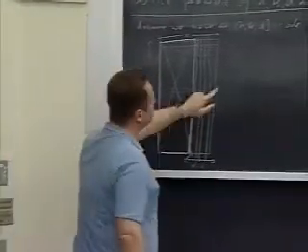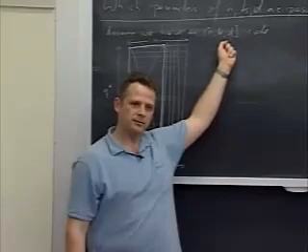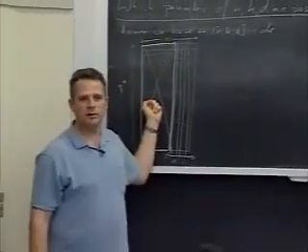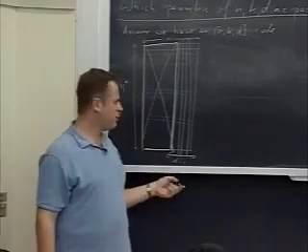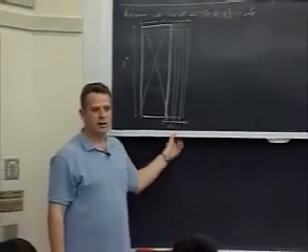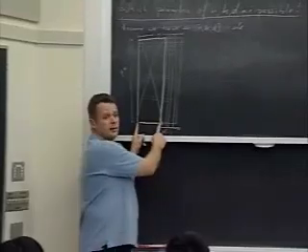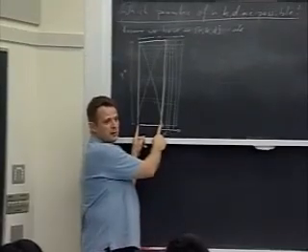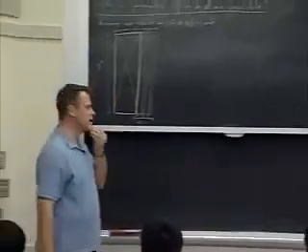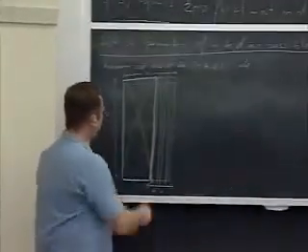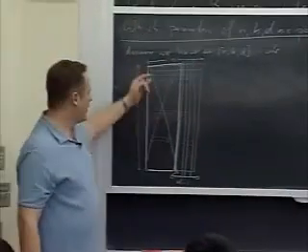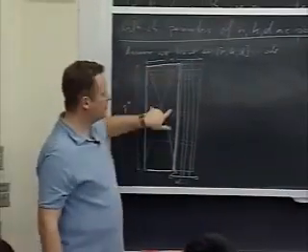So if the code indeed had distance d, can there be any two rows equal in this part? Remember, we punctured out d minus 1. Can there be any rows in this part that are equal? No, right? Couldn't be. They all have to be different. But how many different tuples can we have in this part?